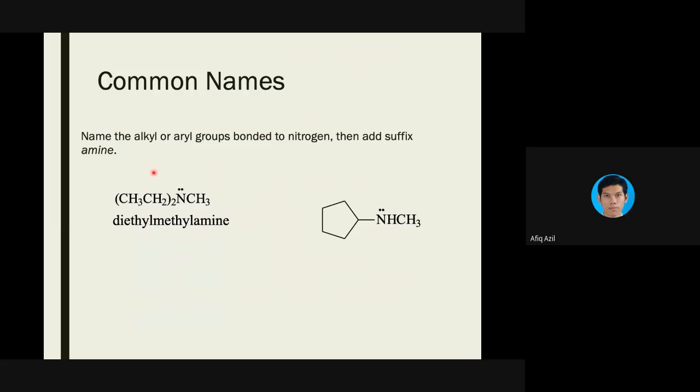Okay, we name the alkyl groups bonded to nitrogen and then add the suffix amine. So this is another example: you have N bonded to CH3, and on this side there are two ethyl groups. CH3CH2 is an ethyl, and the number 2 here means this nitrogen is bonded to two ethyl groups.